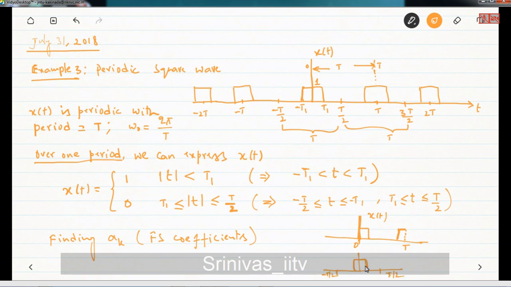This is much easier for me to integrate than this waveform, right? So all that I need to do to find a_k is to integrate over one period, over a duration of T seconds taken anywhere on the time axis. Instead of taking that integral from 0 to T, in which case I'll have this waveform, I will integrate it from minus T by 2 to plus T by 2, right?